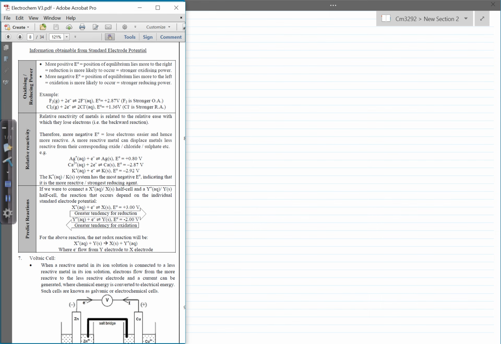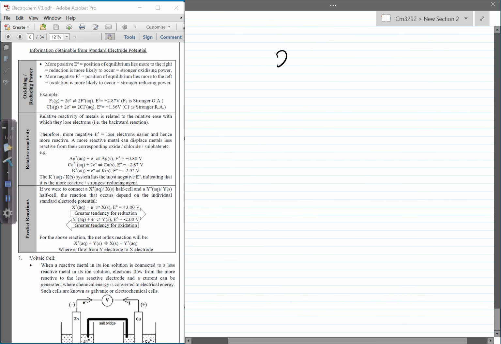Secondly is your reactivity. If you compare the metals, you can recall the reactivity series that you have learned in O levels. Can you recall? Please send cats monkeys... So you have potassium, sodium, whatsoever. If you can find their electrode potentials, you will see that they fit nicely with your reactivity series.